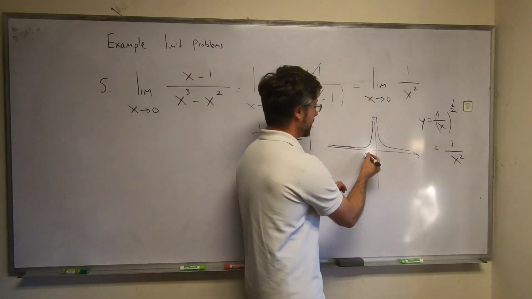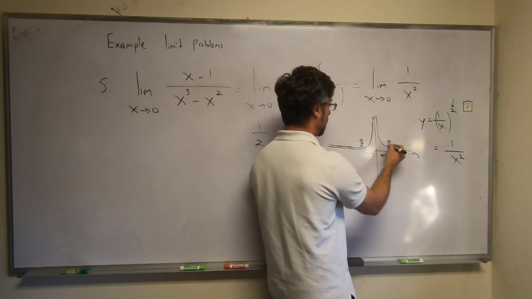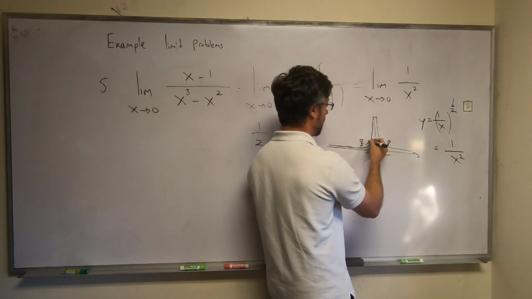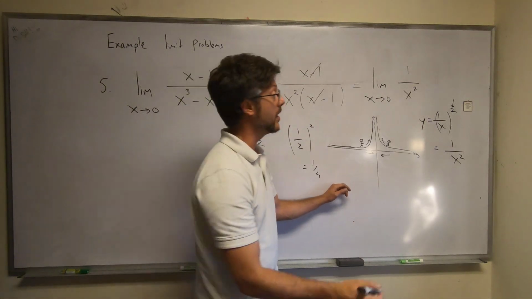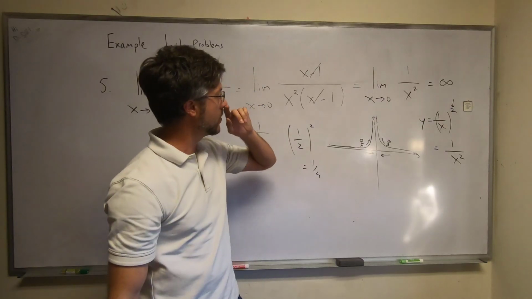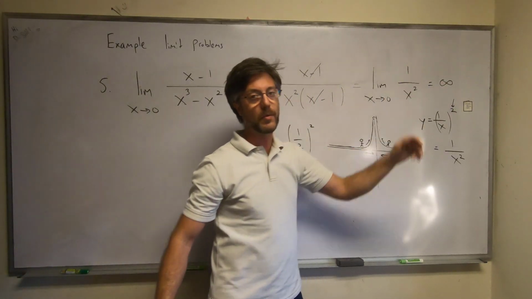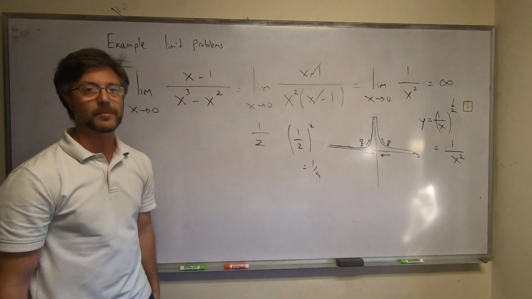On both sides, as we approach 0, whether we are on the left or on the right, we are ascending to infinity. So this is not a does not exist situation. The output is unbounded, and that would be what we return in this limit problem.